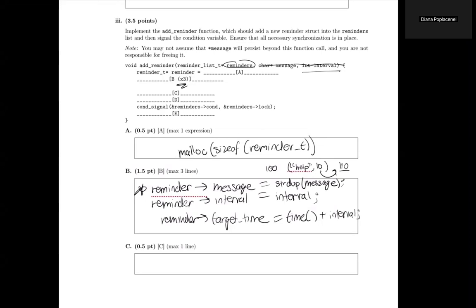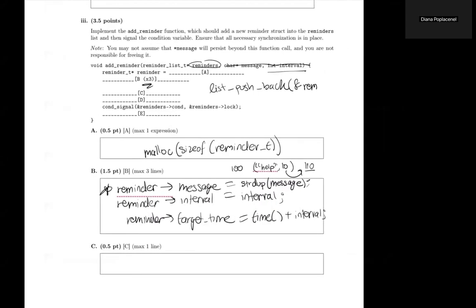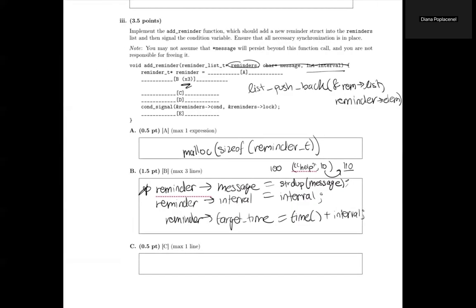And to do that, at some point, we need a call to list_push_back where we pass in the address of the list, and then the list element of whatever struct we want to push to the list. Yeah, so we need to do this at some point.